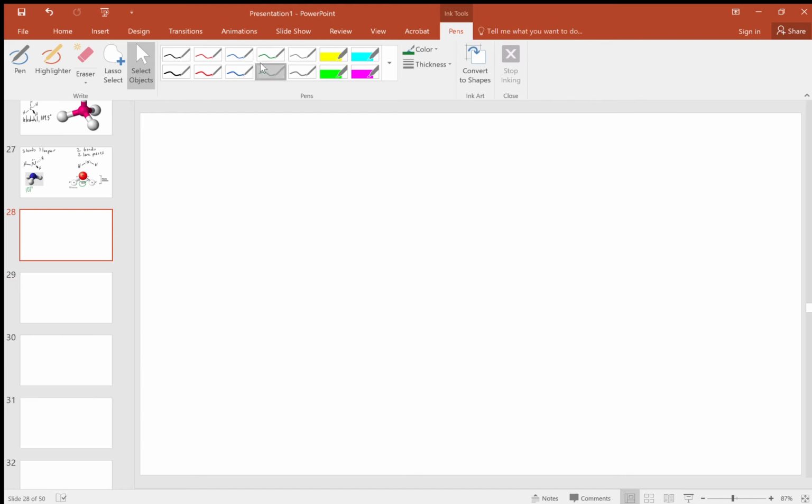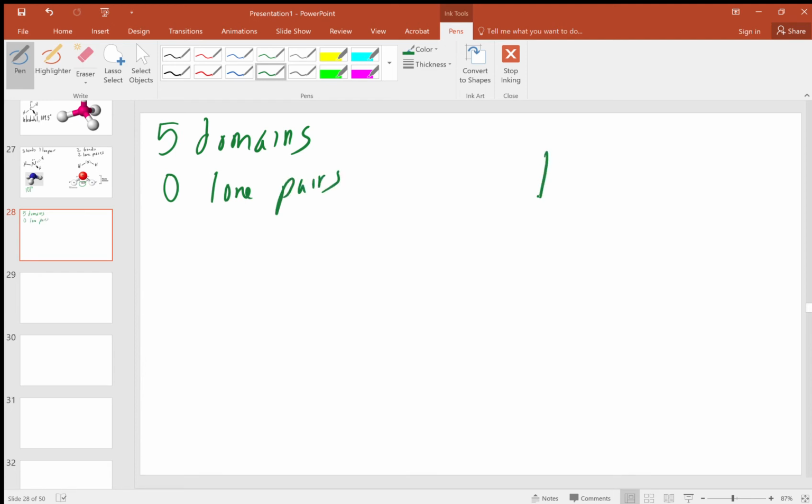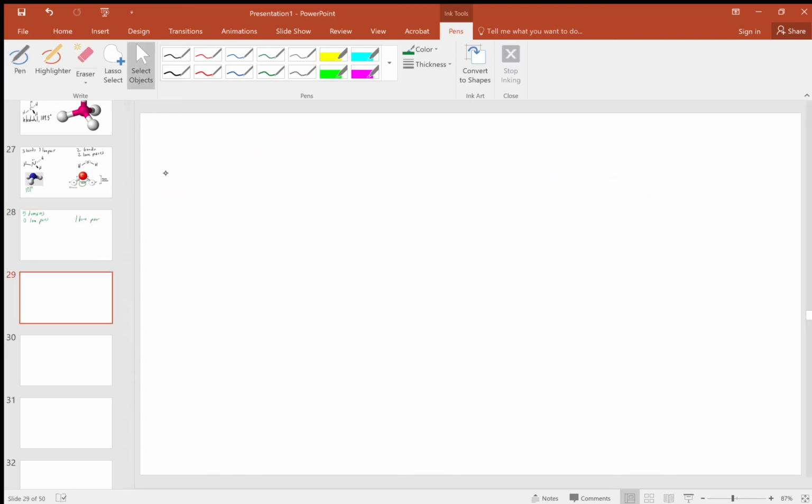All right, we can now go to 5 domains. And we're going to have 4 possibilities here. 0 lone pairs, 1 lone pair, 2 lone pairs, and 3 lone pairs.